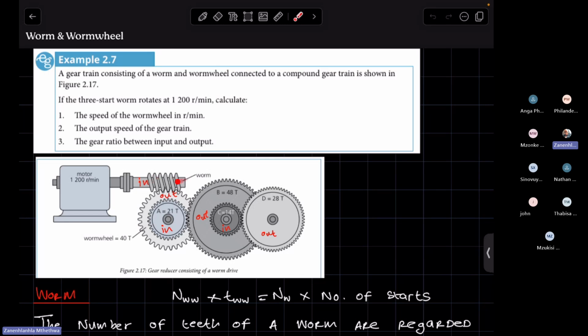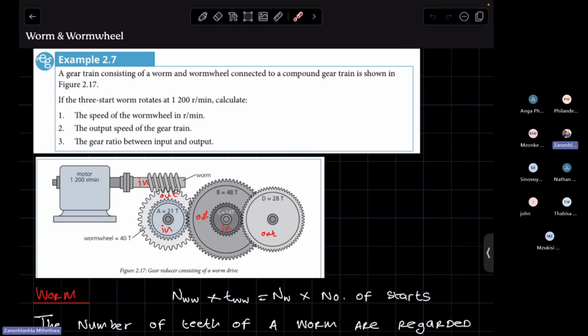But now, the worm, not being a gear, uses something else in place of number of teeth. Because this being connected to the input shaft, or connected to the motor, is going to have rotational frequency.